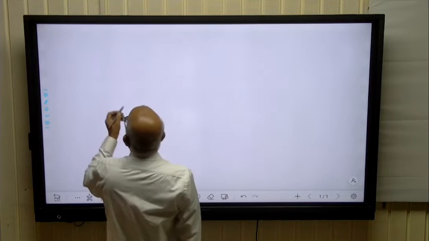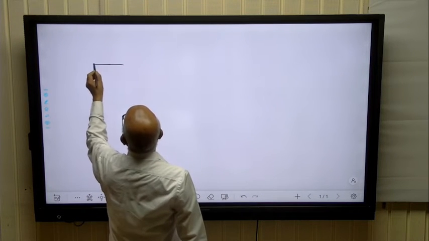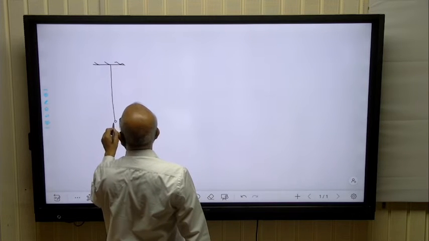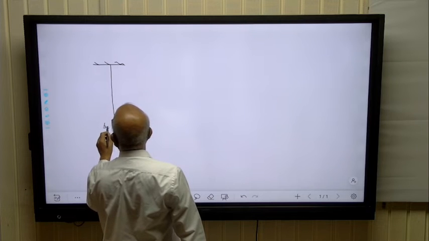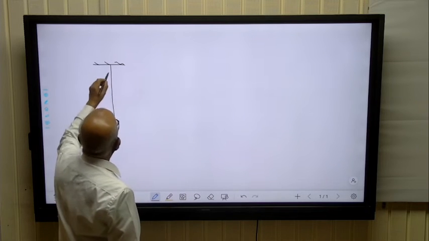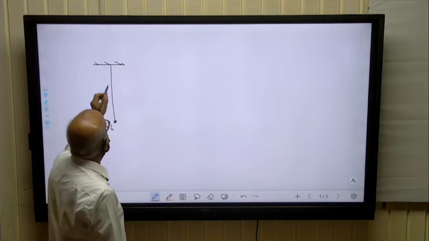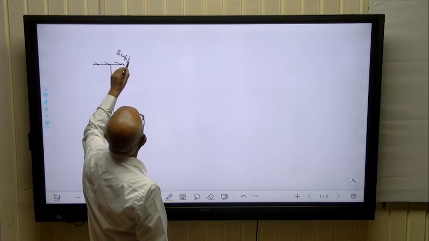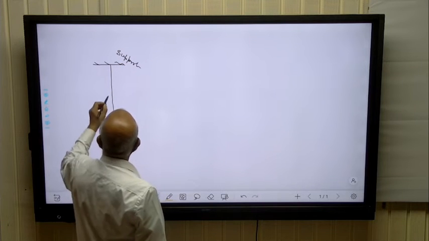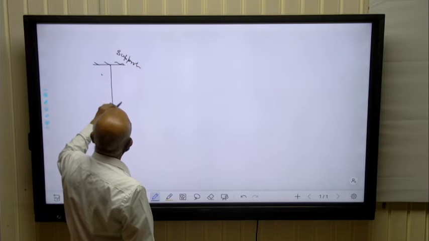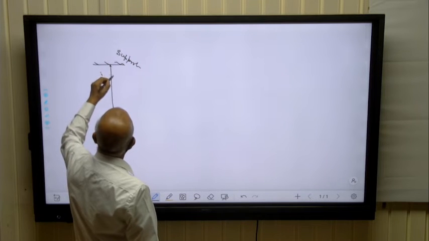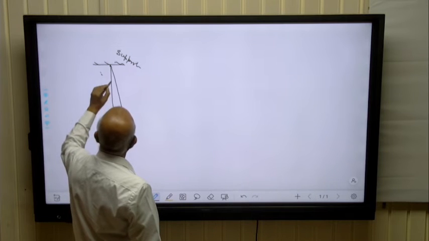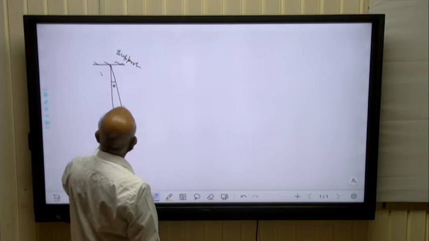Suppose this is a rigid support and a small bob with the help of a string is suspended from the rigid support, and we give a small angular displacement theta.